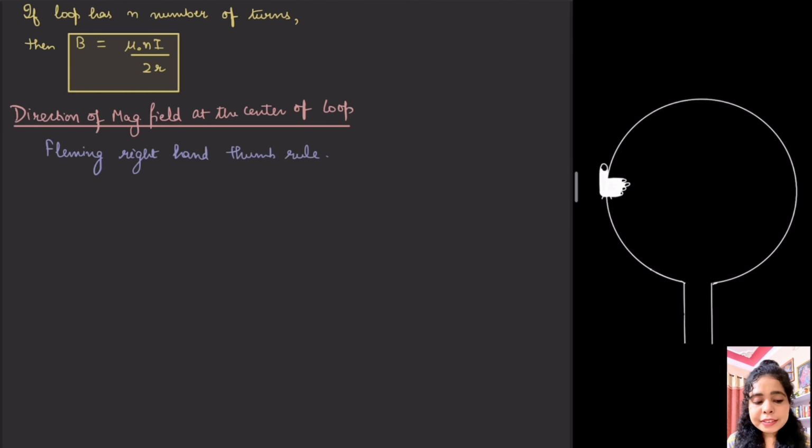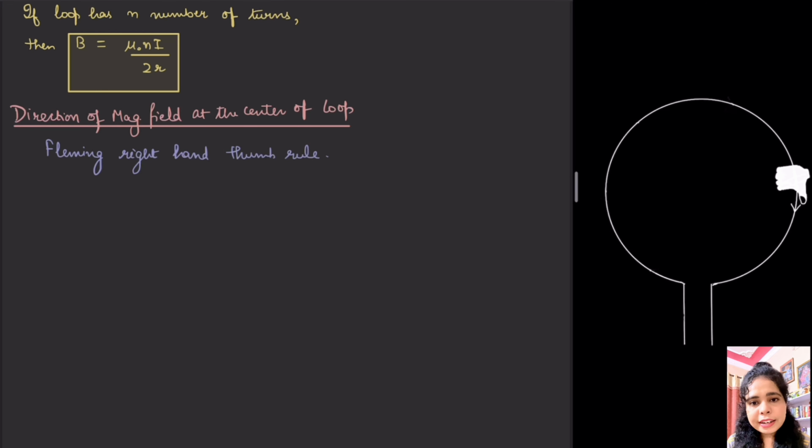If the current is at this point, we place the right hand in this way and curl our fingers. The fingers are acting in the inward direction. If we move to the upper portion and again place the right hand in the direction of current and curl our fingers, again these fingers are acting in the inward direction.